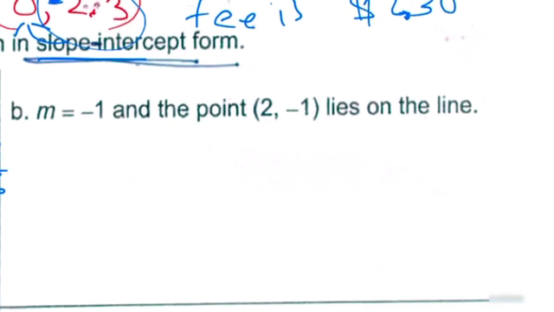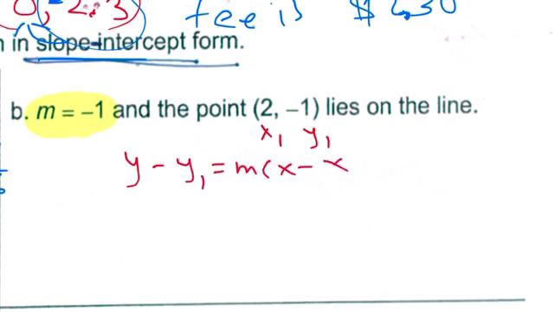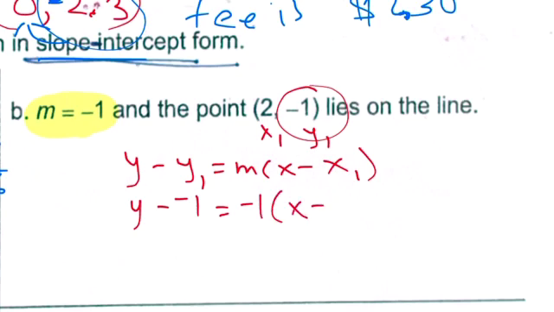Okay, well, they give you the slope here already. This is easy. And this is a point. That's x sub 1, y sub 1, okay? Now y minus y sub 1 equals m times (x minus x sub 1). So y minus y sub 1, which is negative 1. Slope is negative 1. x minus x sub 1 is 2, right? Distribute.